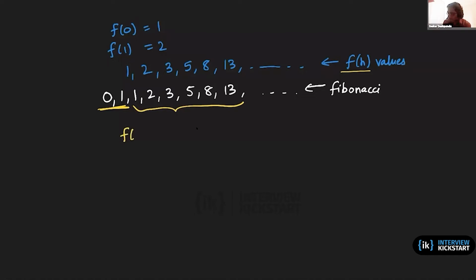So f of h in general is the, you can say, h plus 2th Fibonacci number. F of 0 is the 0th Fibonacci number, this is the first Fibonacci number, this is the second Fibonacci number, and so on.